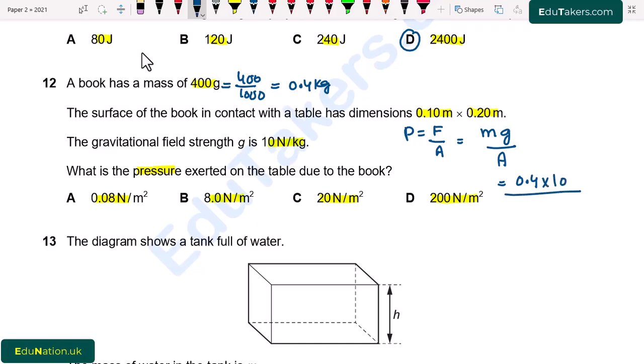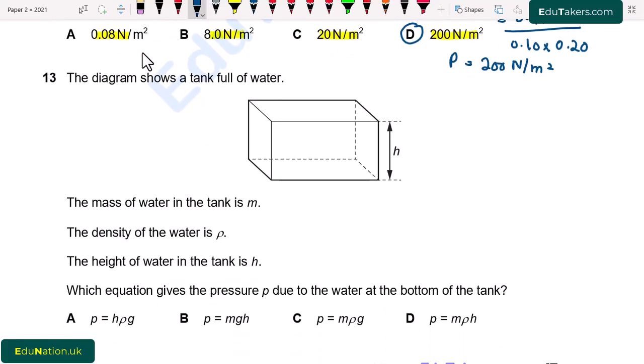So I write here 0.4 multiplied by 10, and area is equal to the dimensions 0.10 multiplied by 0.20. So the value of pressure will be equal to 200 Newton per meter square. So here option D is correct.